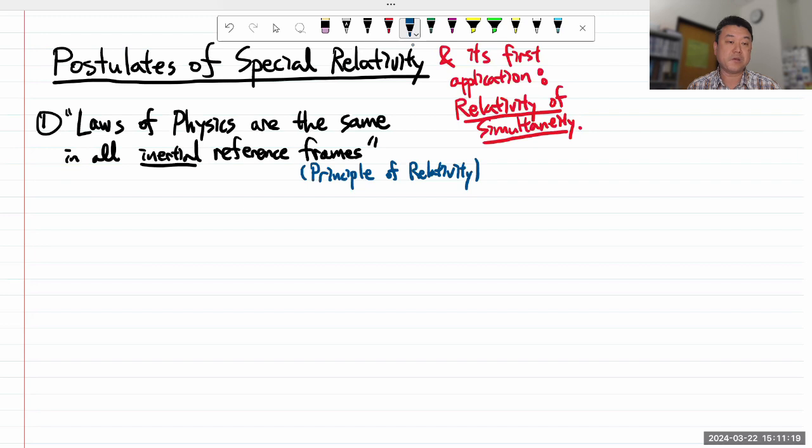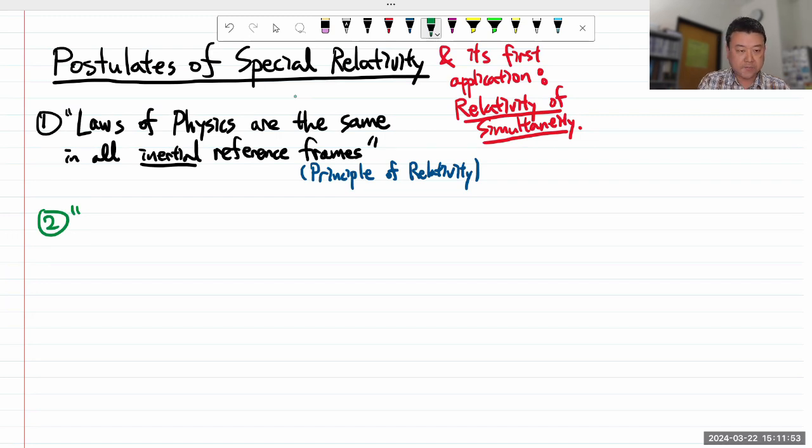The really special and remarkable thing about special relativity is that you can mathematically derive everything in special relativity from these two principles and all the other existing laws of physics. So I gave you the first postulate of special relativity, and the second postulate is this. Let me state it in the way I think it's typically stated.